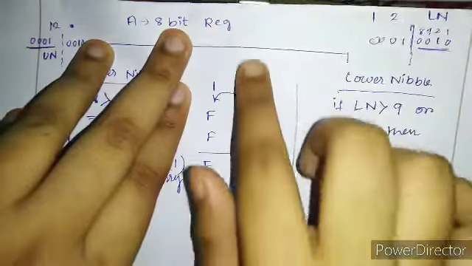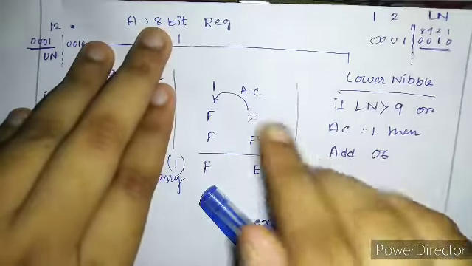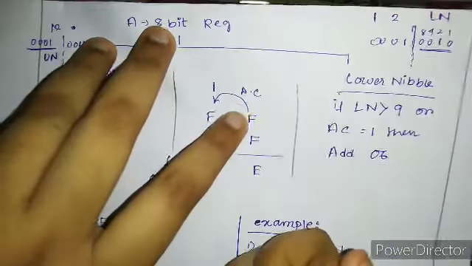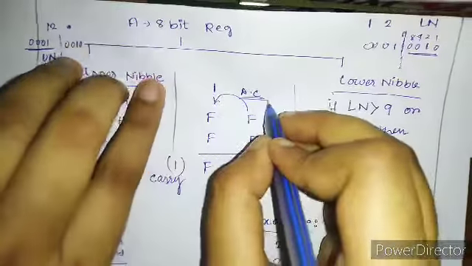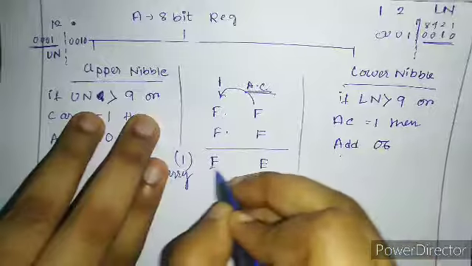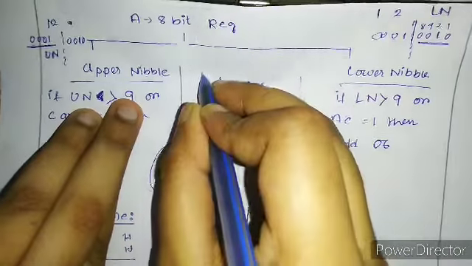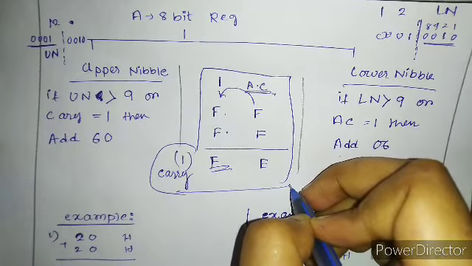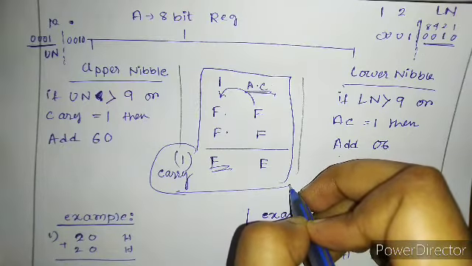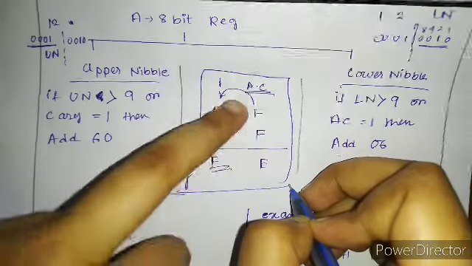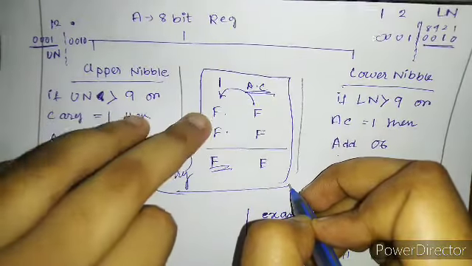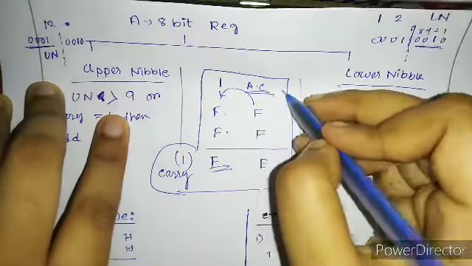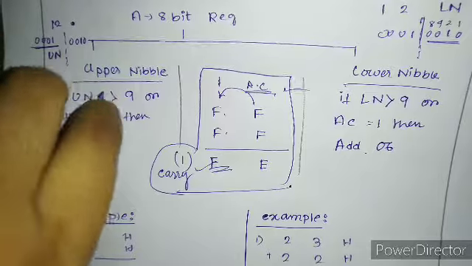I have taken it just to show you what the auxiliary carry and the carry flag are. Suppose FF plus FF: the E is being generated, and the carry out of the lower nibble is called the auxiliary carry, and after FF plus FF the result is F with a carry. Just remember this. Don't apply this in DAA, because I've just told you that DAA is applicable only on decimals. If there is a hexadecimal character, we can't operate on that. I've taken this just for the sake of auxiliary carry and carry.